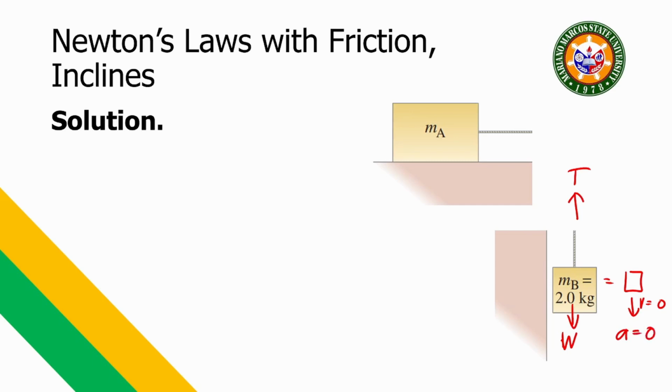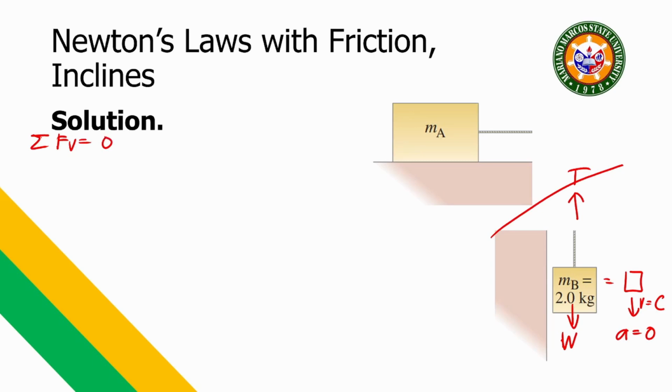Velocity niya is constant. So, kung velocity is constant, acceleration niya then will be 0. So, let us try to solve for the summation of forces vertical in this system. So, for system B, acceleration niya is 0. Mass times acceleration will also be equal to 0.